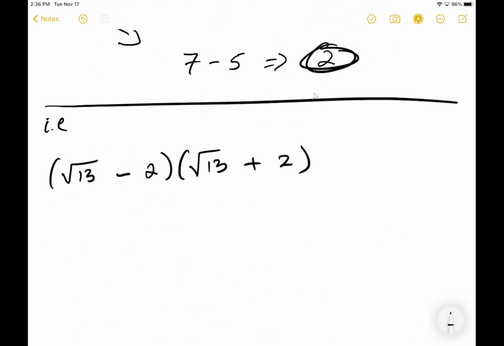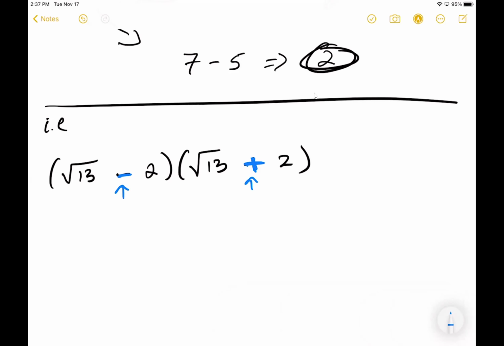So this is the goal. This is the purpose. This is what I want to point out: if you look at this problem, do you agree that everything is the same? We have a square root of 13, 2, square root of 13, different in sign. And the only thing different is the sign, which is the conjugate.